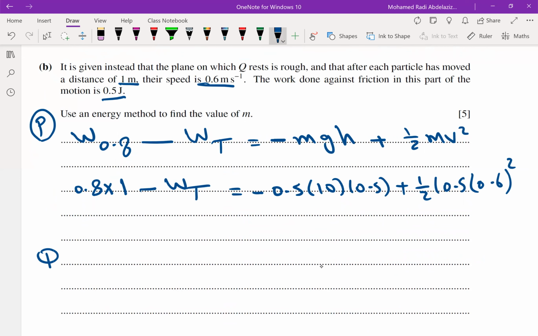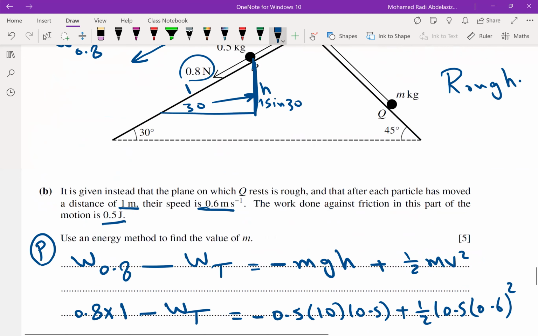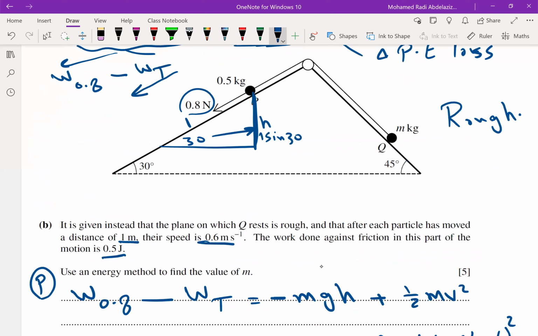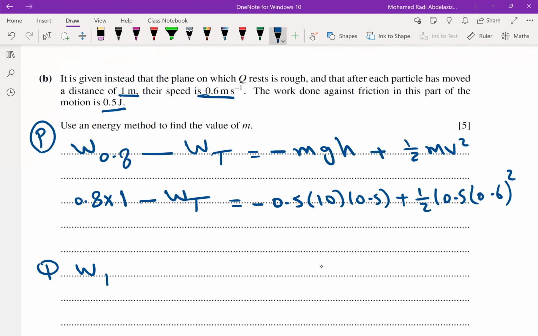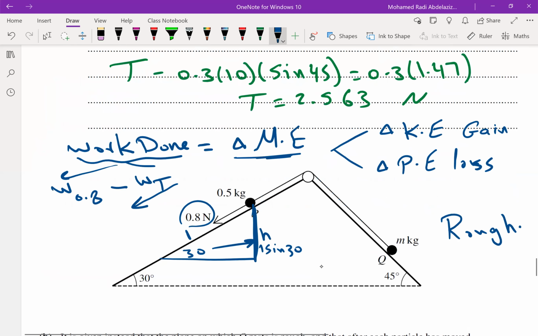Now for particle Q. Particle Q moves up under the force of tension. So the work done by the tension minus the work done against resistance equals the change in kinetic energy and potential energy. For potential energy, in this case, it is a gain. The particle moves 1 meter up.